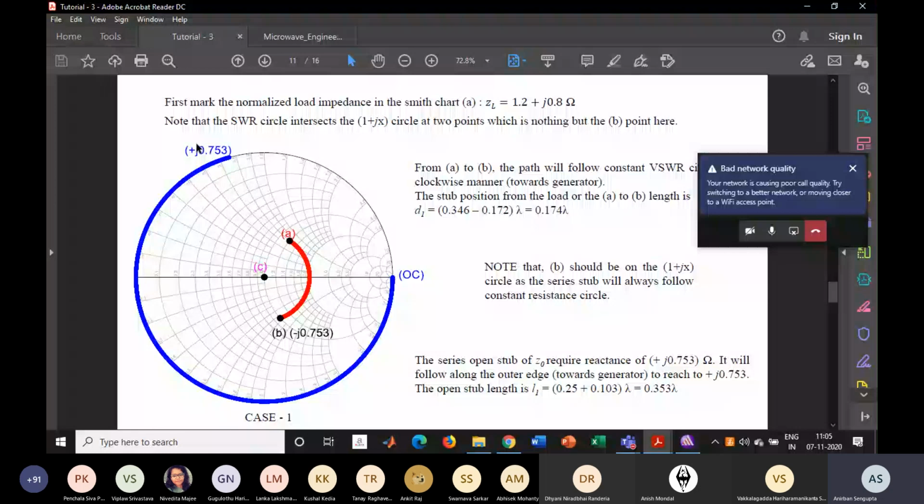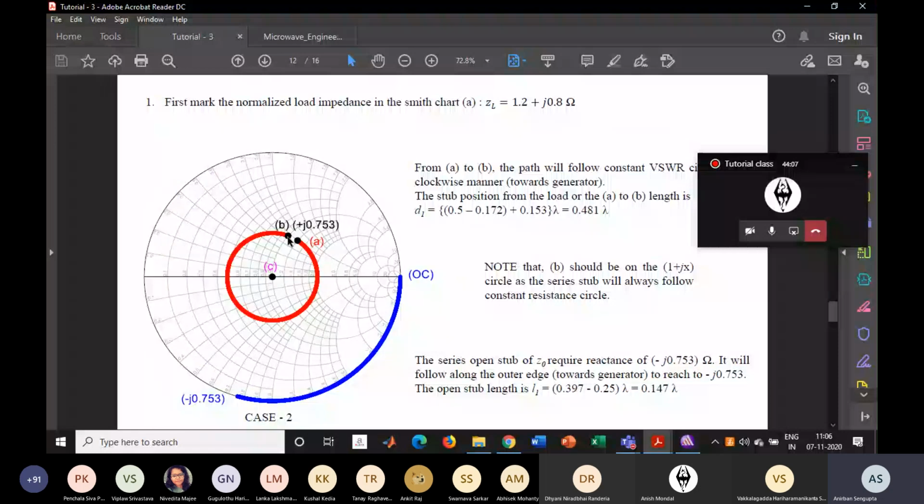So this is the first point. If you take the other intersection point of this VSWR circle with the 1 plus jx circle, then what will be the design equations? So this is like that. Now here the second point is considered. The first point was here, the first intersection point was here, 1 plus jx.